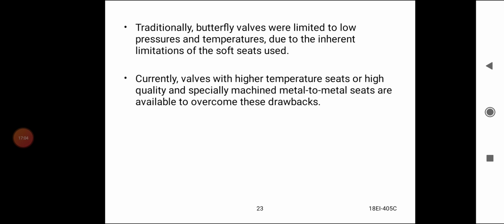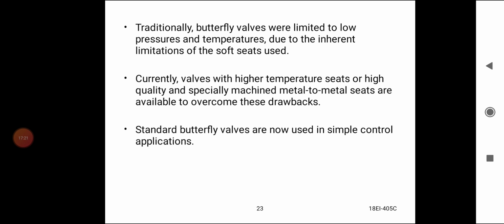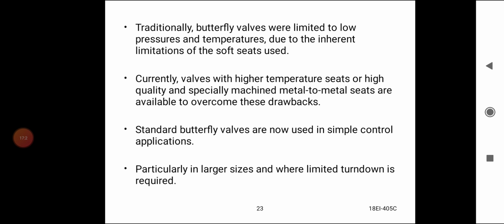Currently, valves with high temperature seats are high quality, and specially machined metal to metal seats are available to overcome these drawbacks. Standard butterfly valves are now used in simple control applications, particularly in larger sizes and where limited turn down is required.